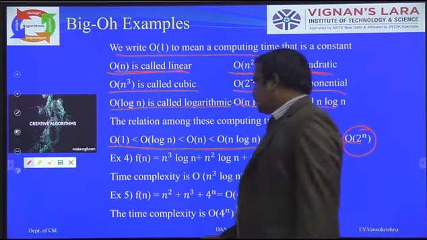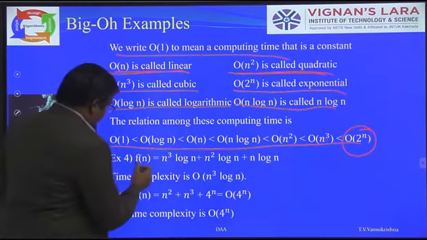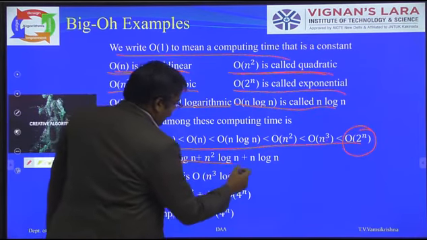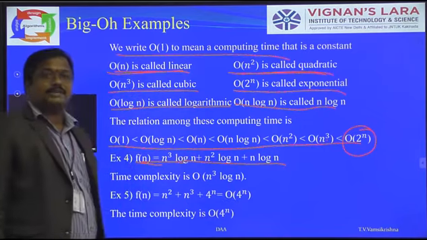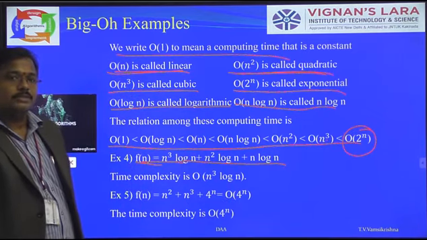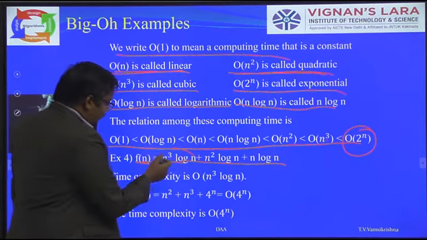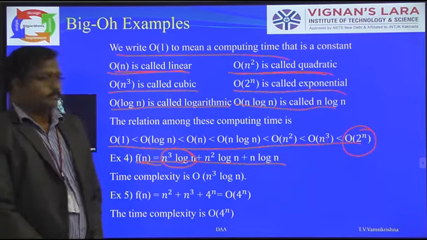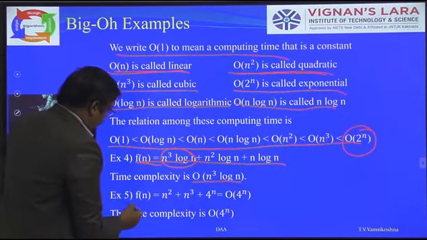Right? So here one more problem is there. For example, f of n is equal to n cube log n plus n square log n plus n log n. What is the time complexity of this? We take the maximum value, that is the time complexity: n cube log n. So big O of n cube log n.